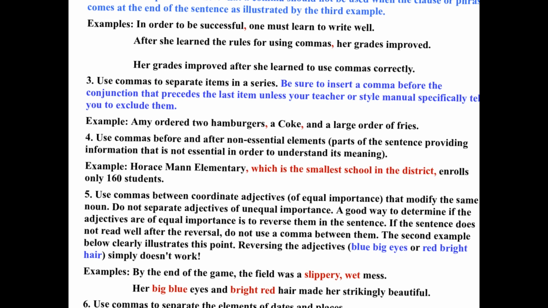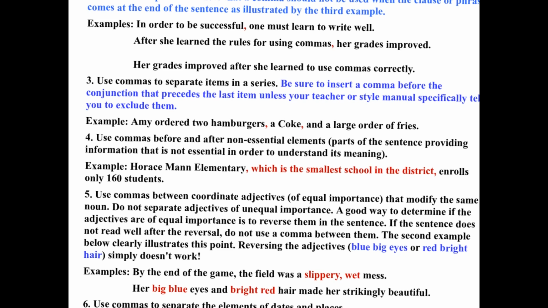Now, look. Which is the smallest school in the district? That is a dependent clause. It can't stand by itself.